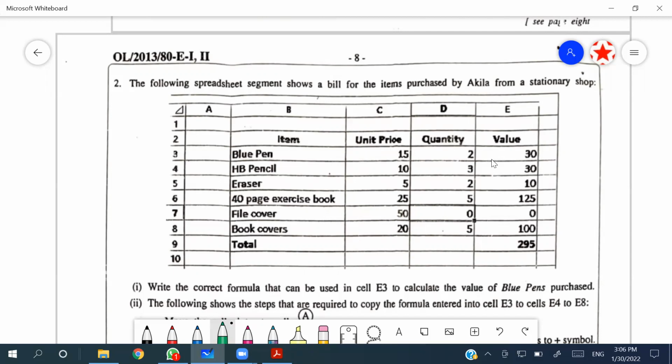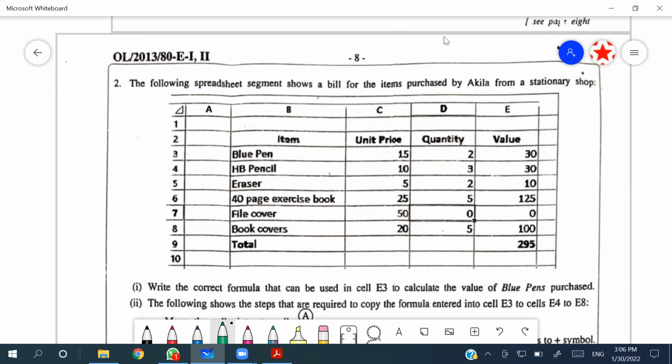Write the correct formula that can be used in cell E3 to calculate the value of blue pens purchased. So you can see the unit price is there, quantity is there, and the value is taken by multiplying the unit price into the quantity, right?